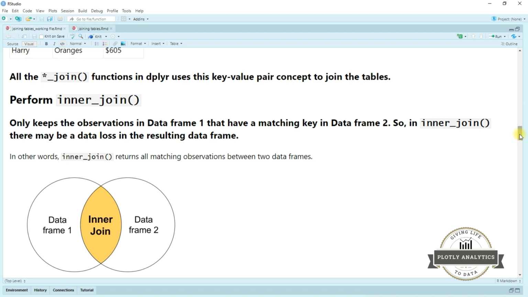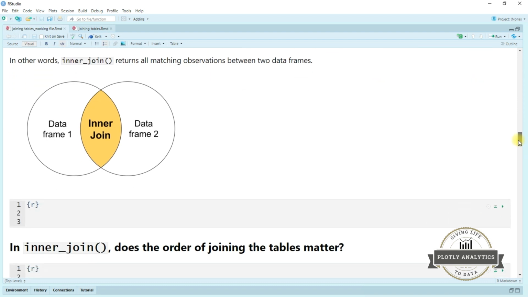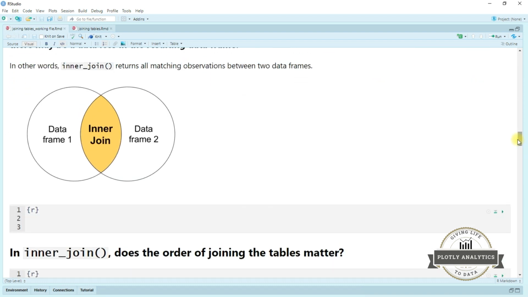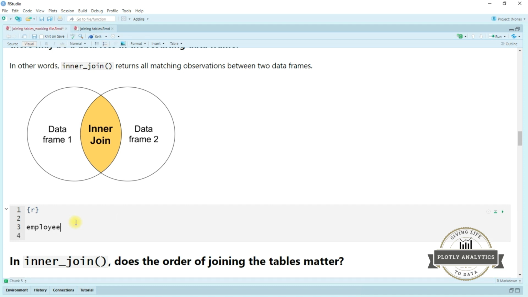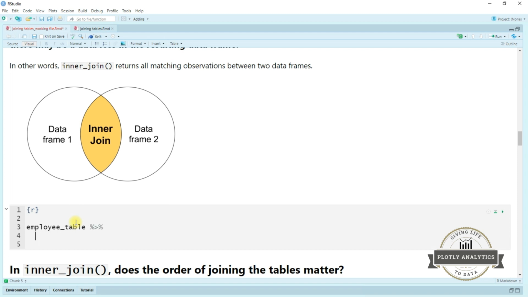So now let's pipe the employee table data frame into inner join. So employee table piping into inner join, and the second data frame is the employee department. So I want to combine these two tables, employee table and employee department.